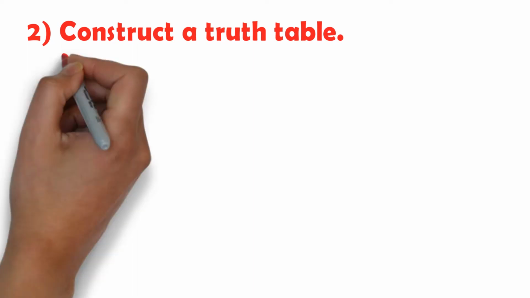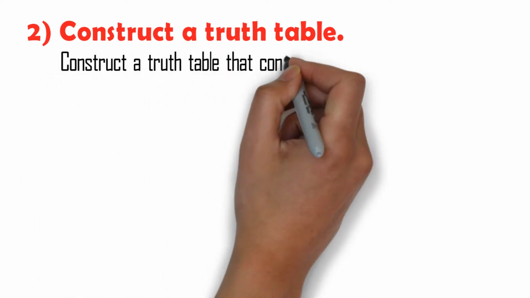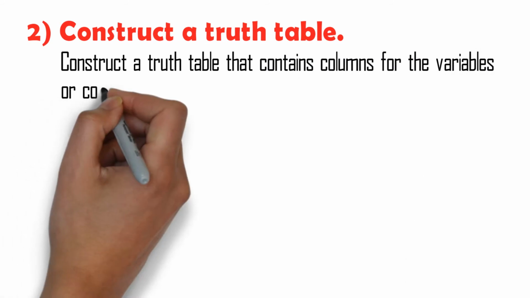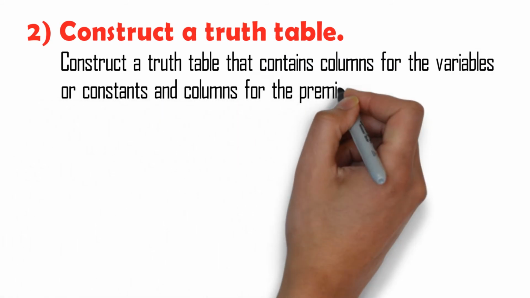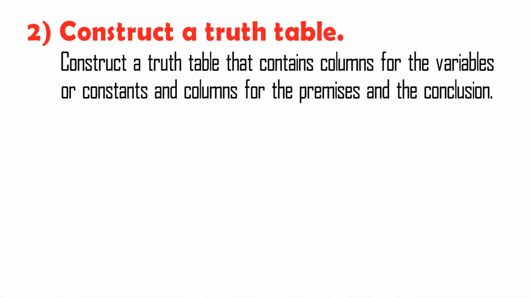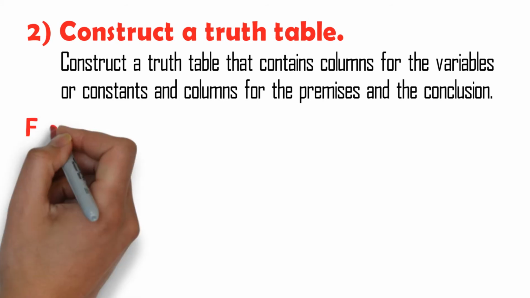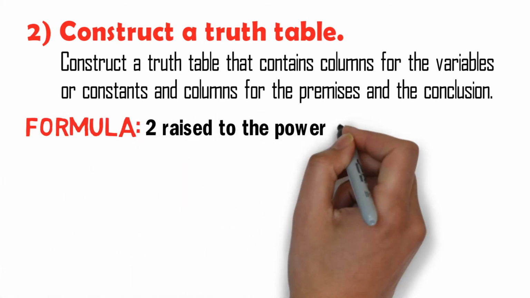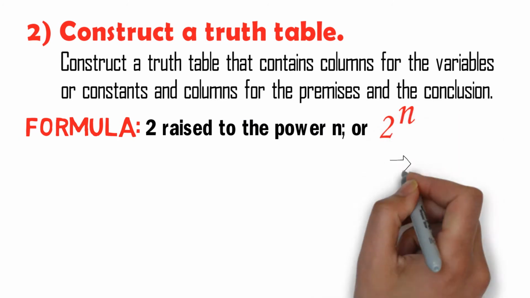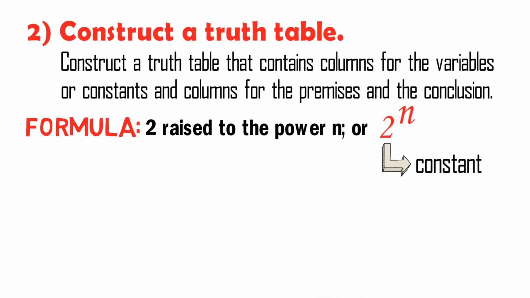Well, first, we need to construct a truth table that contains columns for the variables or constants and columns for the premises and the conclusion. In order to do this, we will use the formula 2 raised to the power n, where 2 is constant and n is a variable. The n in the formula represents the number of variables or constants used in the argument.